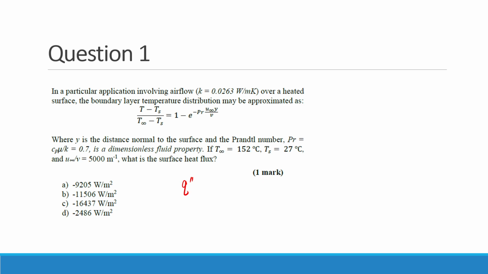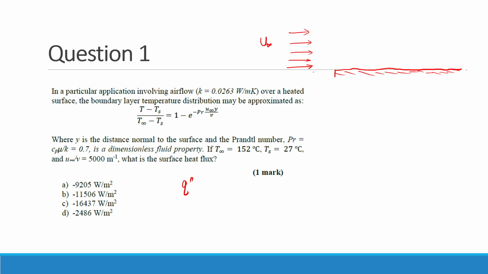So just to draw a diagram of this question, consider we are having this heated surface, and airflow is occurring. If this is the direction of the airflow, the velocity of the air is u infinity.